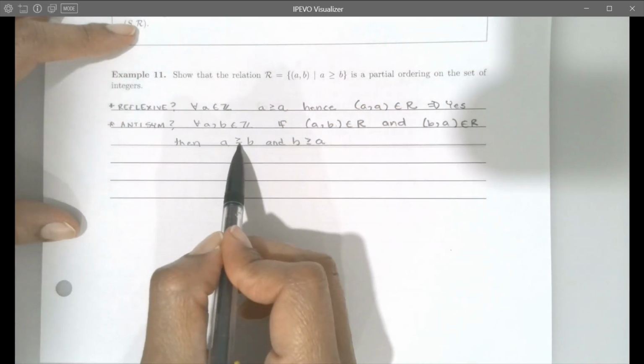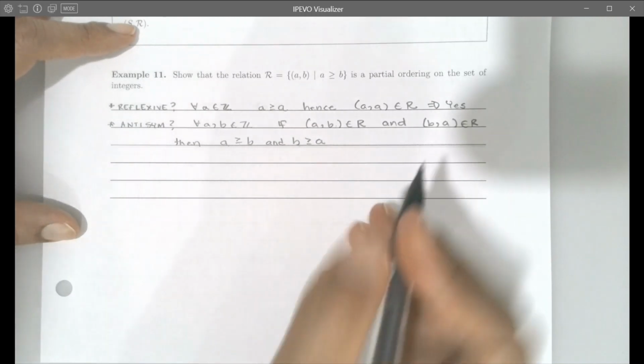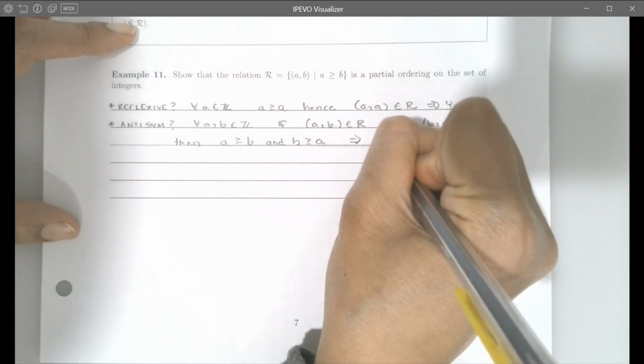So if a is greater than or equal to b and b is greater than or equal to a, that means that a and b have to be equal.